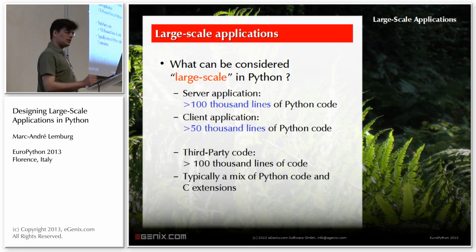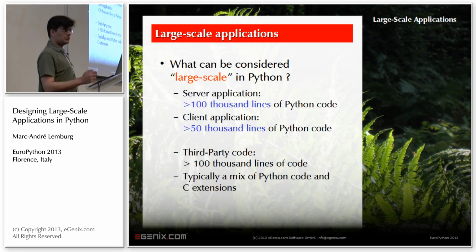The title of the talk includes large-scale applications. Now, what's a large-scale application? Of course, it's hard to define, so I just made up some numbers. And these numbers are based on the experience that others have with implementations in, for example, Java or C++. If you're doing Java or C++, a large-scale application has about 1 million lines of code.